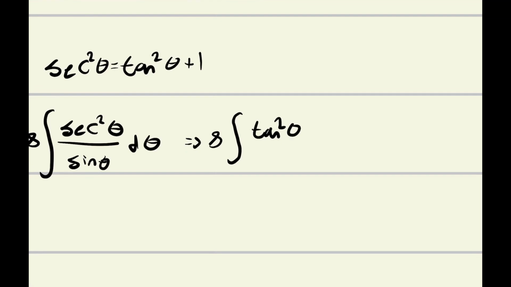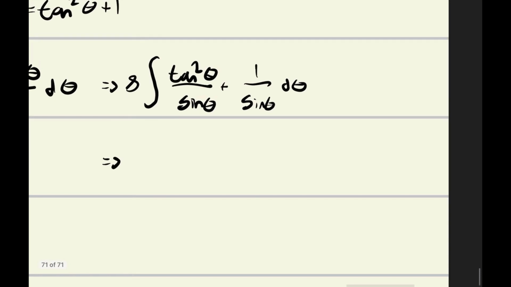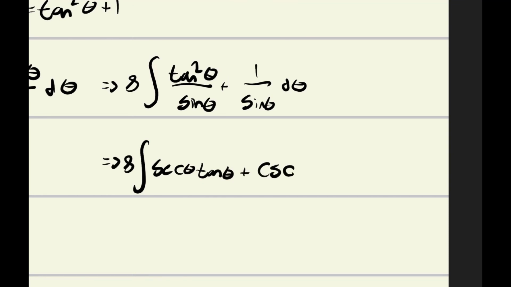So we'll have tan squared theta over sine theta plus 1 over sine theta d theta. And tan squared theta over sine theta is equal to secant theta tan theta, so 8 times the integral of secant theta tan theta plus cosecant theta d theta.